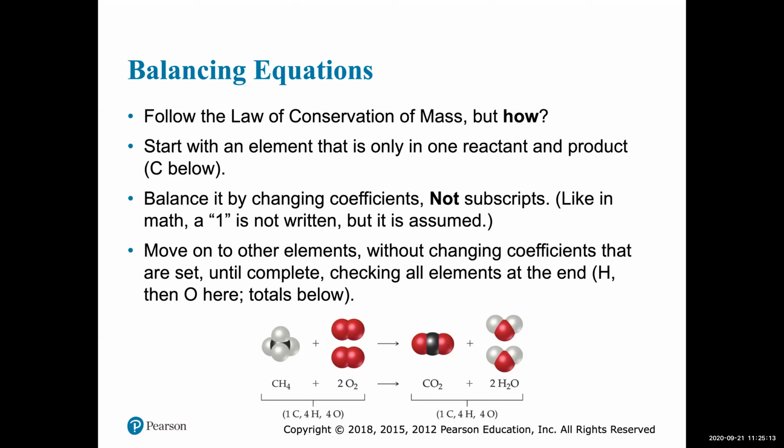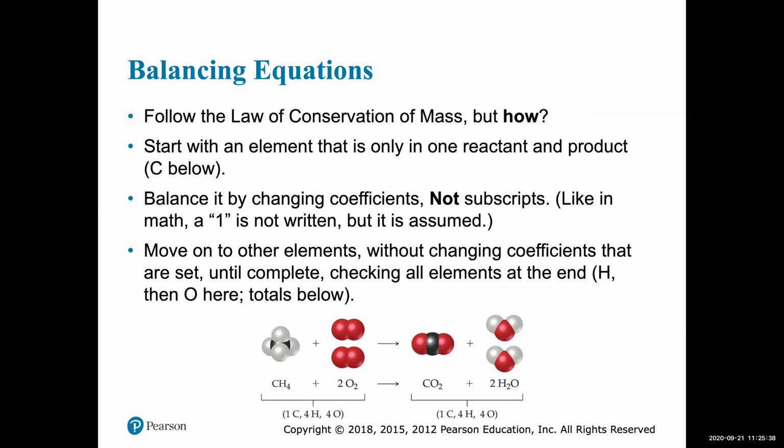So what we do to make this happen is we do what we call balancing equations. And that's what those coefficients in front of the molecules do. They allow us to balance it out. The other thing I'll mention is that if it's just one of the molecules, we don't write the number 1. That's implied. So we only write things if it's 2, 3, 4, some number other than 1.